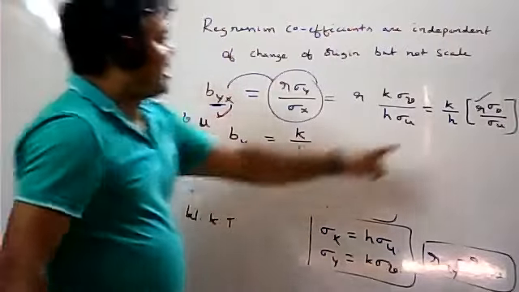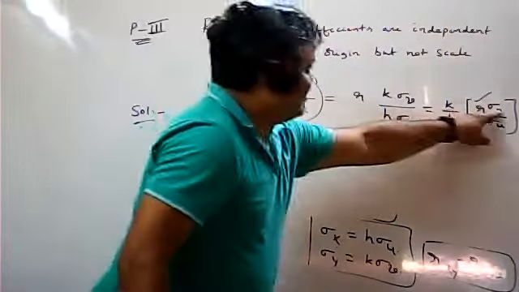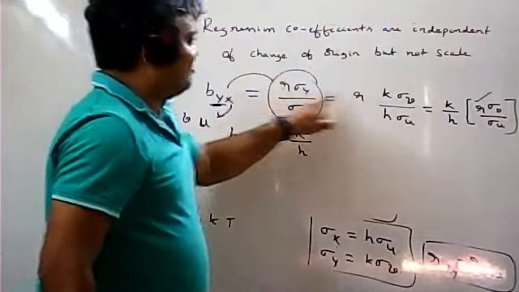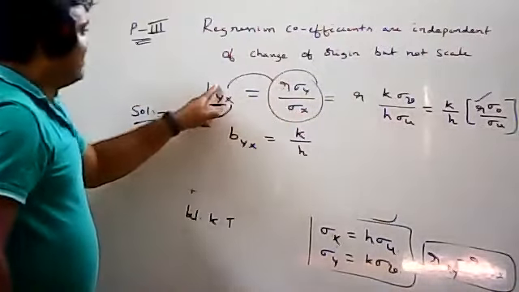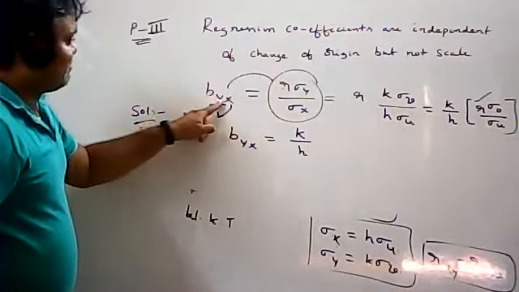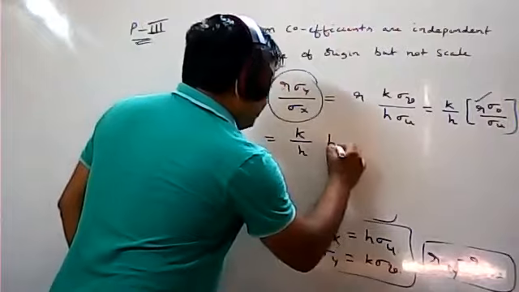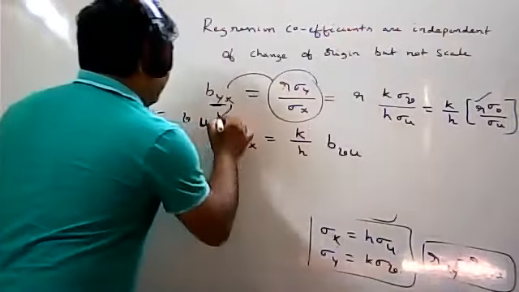So r sigma v by sigma u, that means you can write it as bvu. So this is nothing but bvu.